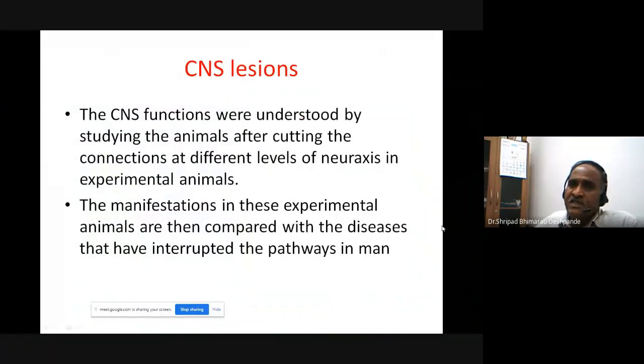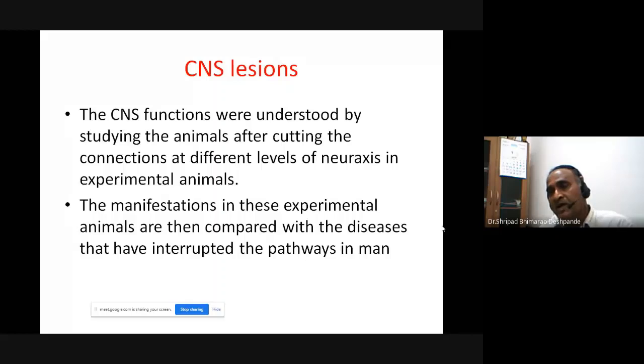Most of the CNS functions were understood by studying animals after cutting those various connections, and how they manifest in different ways. I will come to that in the subsequent slides, because I have already given you the slides yesterday. The manifestations of these experimental animals were compared with the disease state of man.